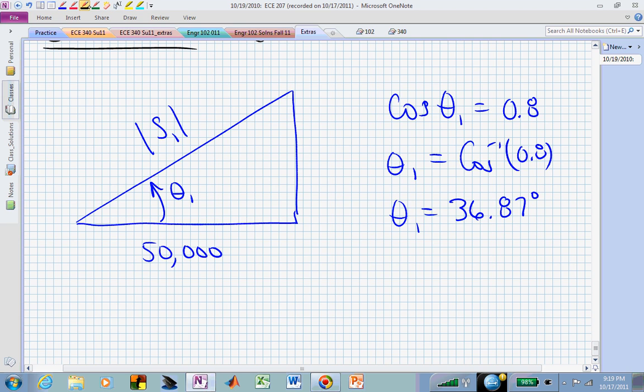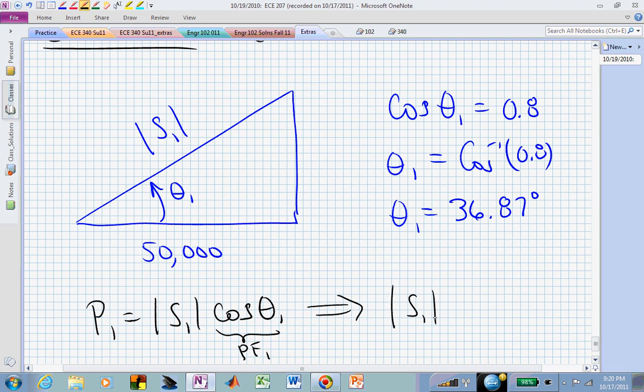We can find a little bit more information now that we have these tools. We know that the average power P1 is the apparent power S1 times the power factor, or the cosine of theta 1. That allows us to solve for the apparent power S1, because we know P1 and we know power factor 1.